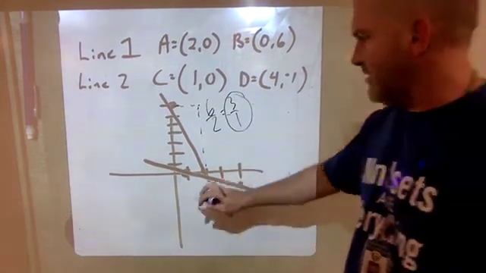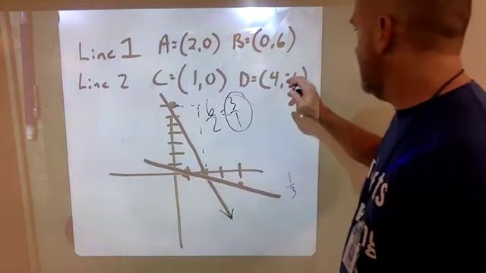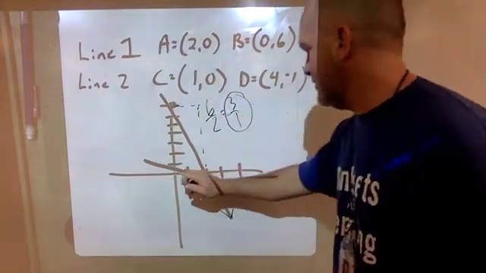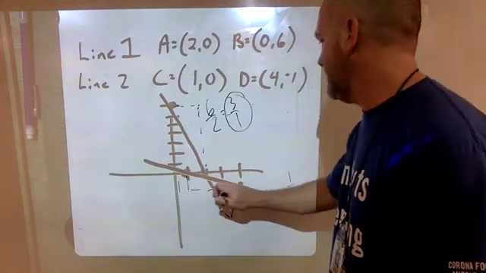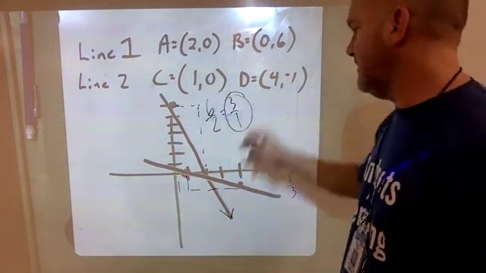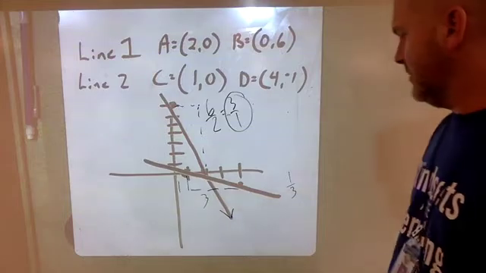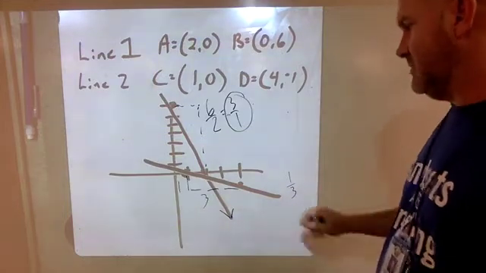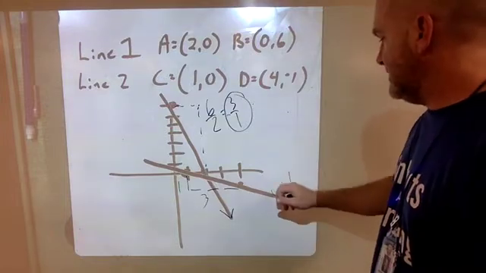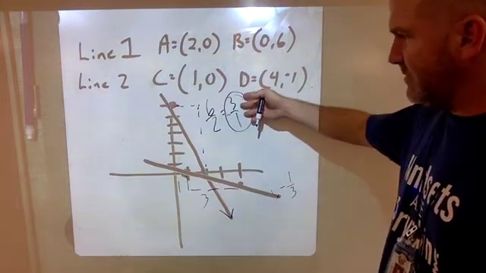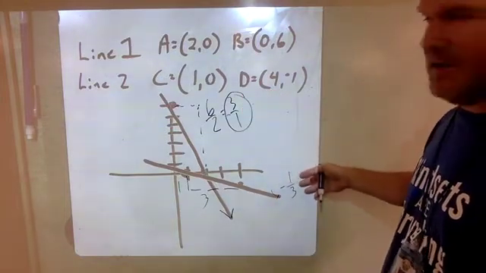So how far down are we going to get from 0 to -1? We're going down 1 space, and we're going over 3 spaces to get from 1 to 4. So 1/3, ooh, that looks good. That's what we want. But this line is also going down. So this is negative 3/1. This is negative 1/3.